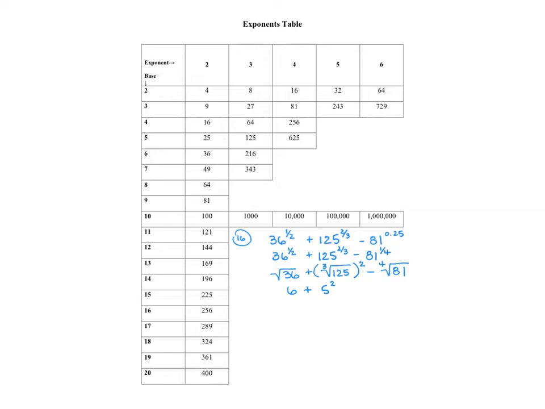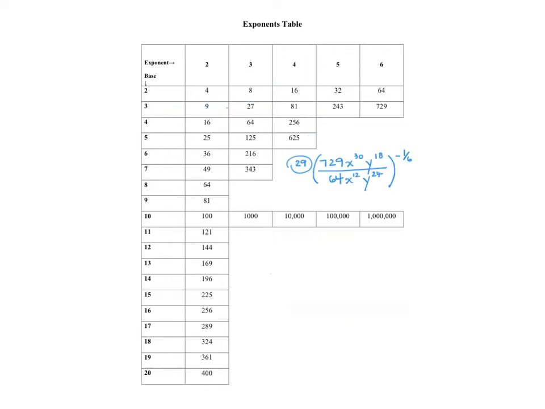And likewise, if I want to find the 4th root of 81, I can look in the exponent table under 4, find 81, follow it back, and I find the 4th root of 81 is 3. So I have 6 plus 5 squared, which is 25, minus 3, and 6 plus 25 is 31, and minus 3 is 28.